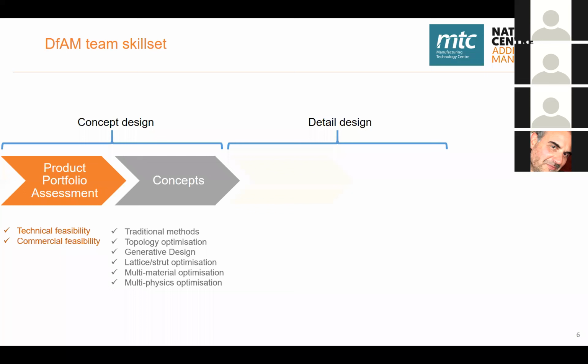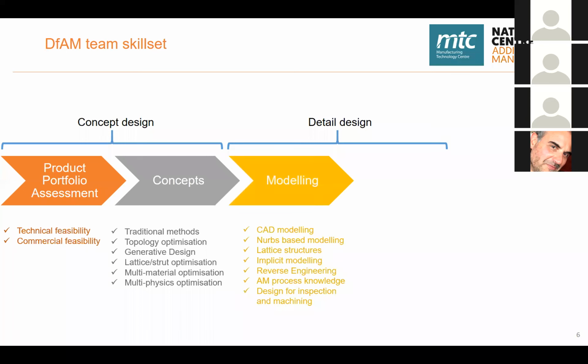Once we have a concept, then we have capability of modeling in many different areas. So we try to be at the forefront of what softwares are capable of, trying to be as aware as possible of all the tools that are available, and as well getting help from our metrology team in other areas, like for example reverse engineering.